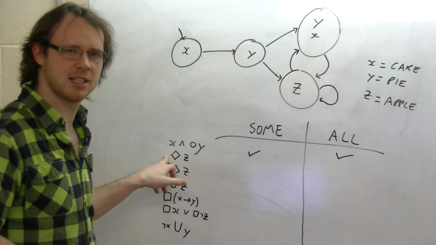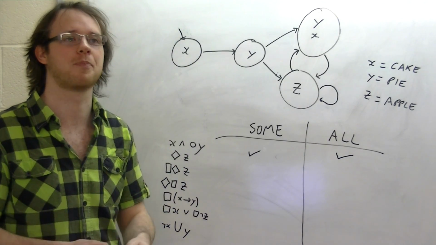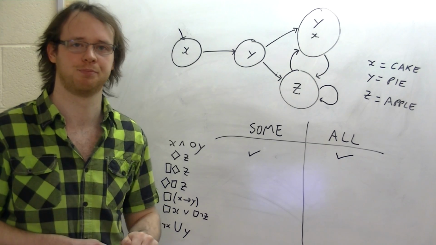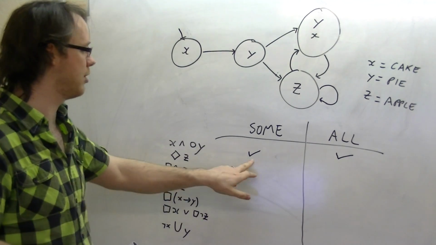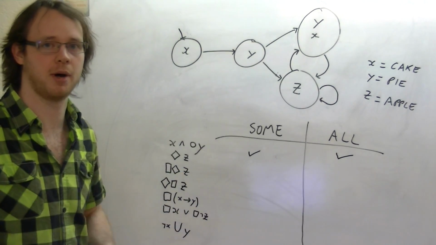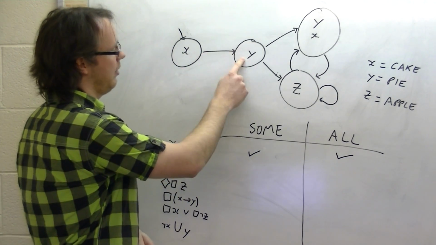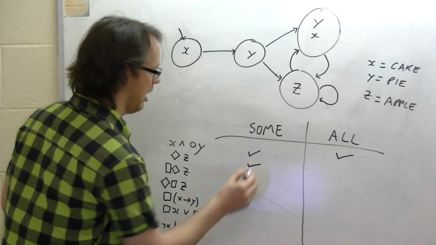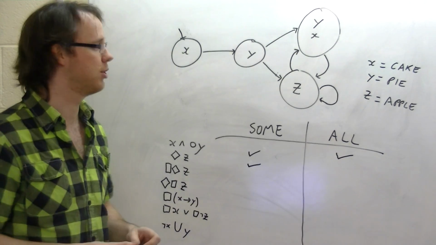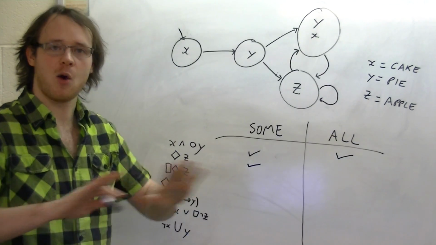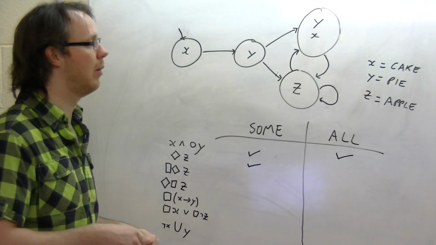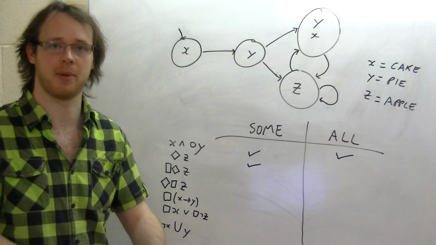This one says, will I, at some time in the future, be able to eat an apple? We can see one path where this is true, if we go there, there, and there, it's true. The next question, the all question, is: however we walk around this house, will we eventually get to a room with an apple in it?